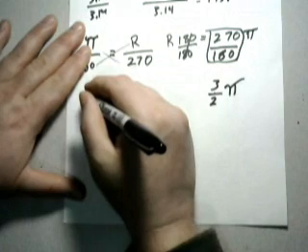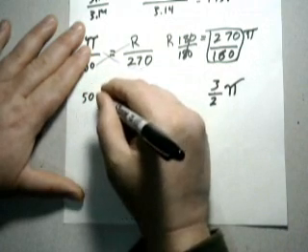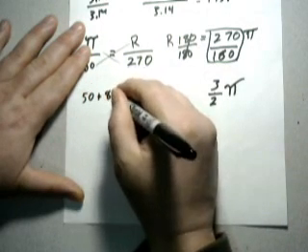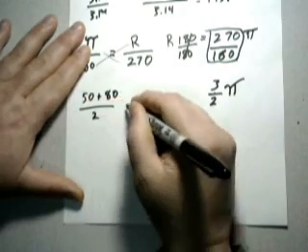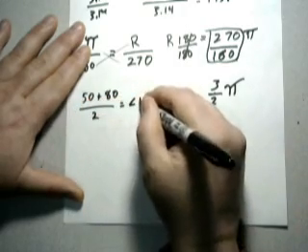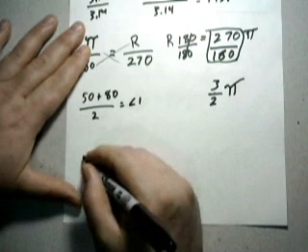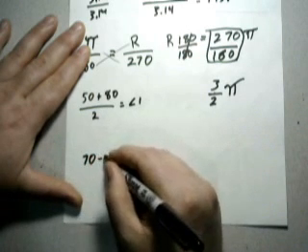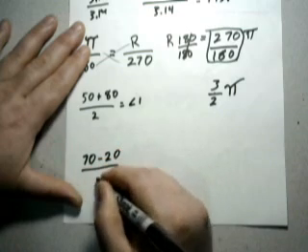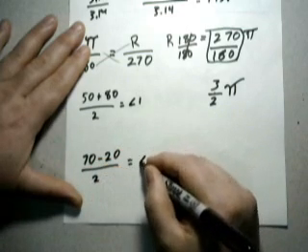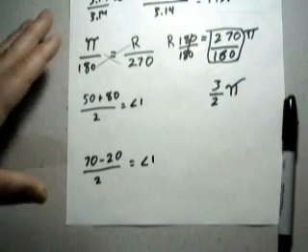So we would have 50 plus 80 divided by 2. That is equal to angle 1. And then the other problem, we have 70 minus 20 divided by 2, and that is equal to angle 1.